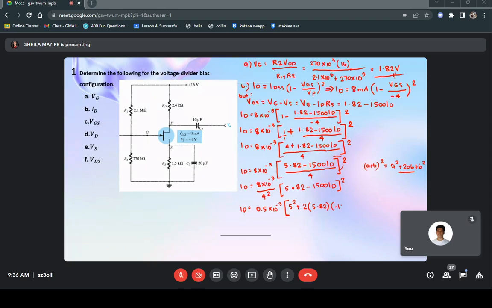B is negative 1,500 ID. Okay, this one here is our A, and this one here is our B. ID plus B squared. So negative 1,500 ID squared.